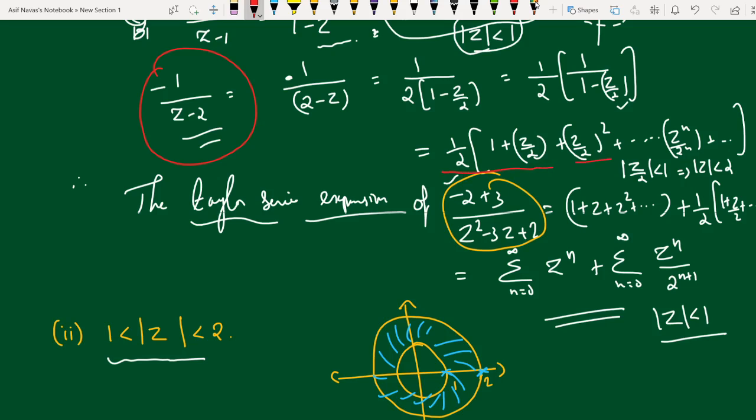Its expansion is minus 1 by z minus 2 is equal to 1 by 2 into 1 plus z by 2 plus z by 2 square plus etc. And this is valid when mod z less than 2. So here our mod z is always less than 2.